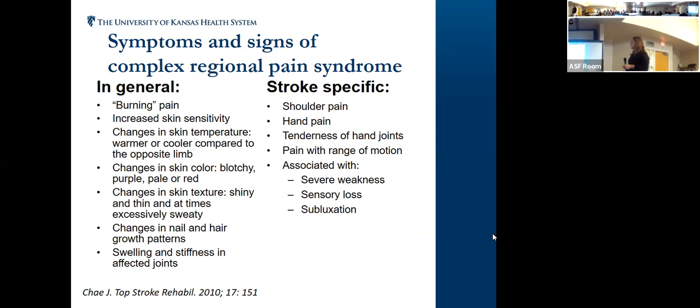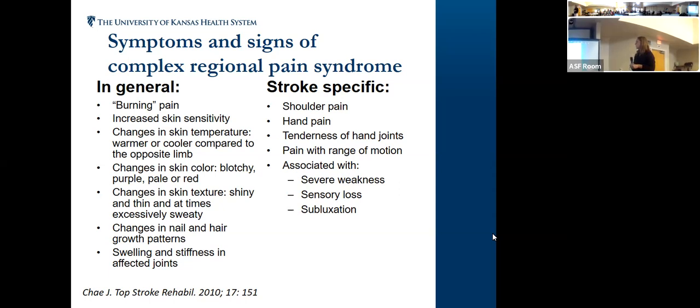In stroke-specific complex regional pain syndrome, for whatever reason, it seems to affect the shoulder and the hand. There's also a lot of tenderness of the hand joints and with stretching and range of motion. So you just move your hand a little bit and it causes a lot of pain.